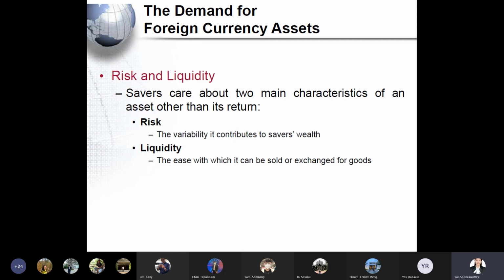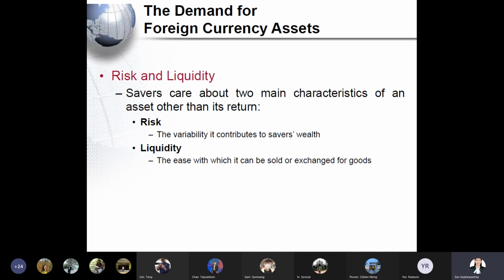So the saver cares about two main characteristics of an asset. For me and for you, as individual households, we prefer to hold assets that offer the higher expected real rate of return. But some assets may be valued by the saver for reasons other than the expected real return.